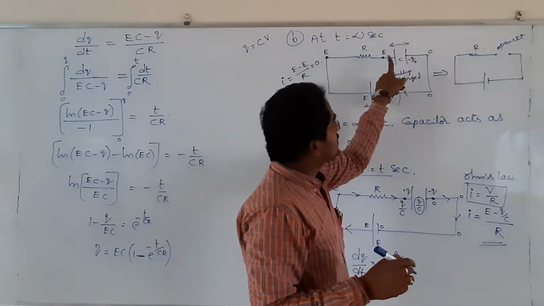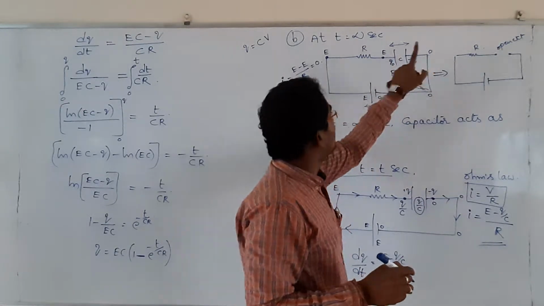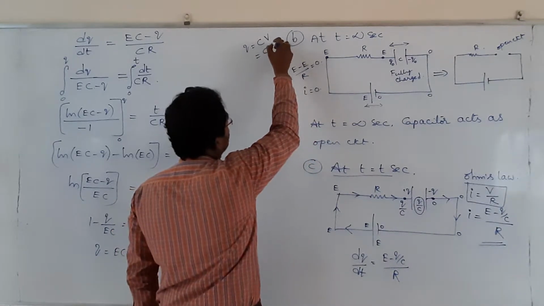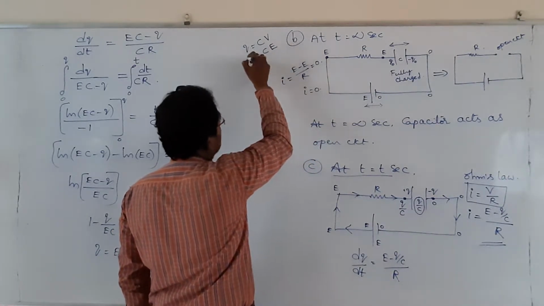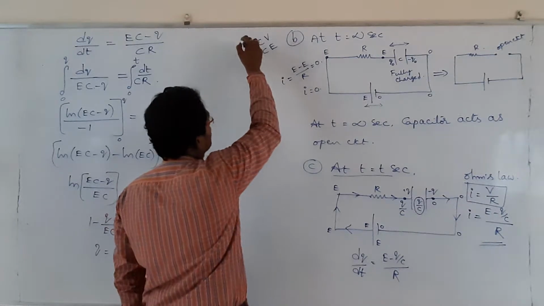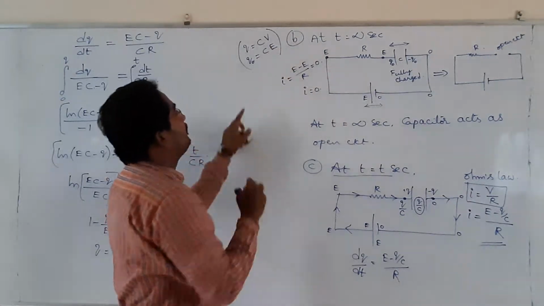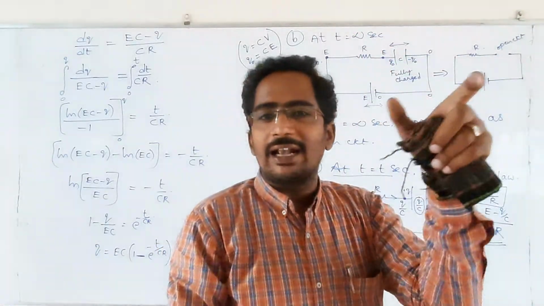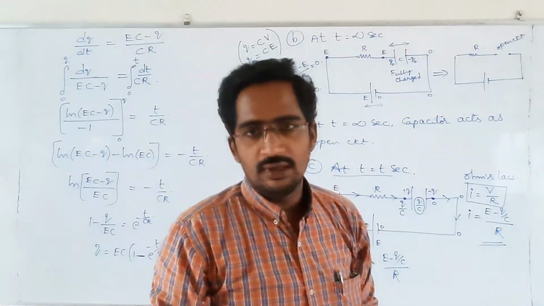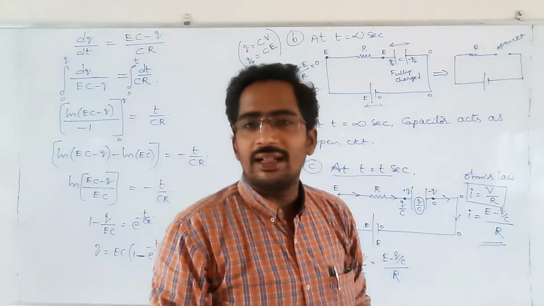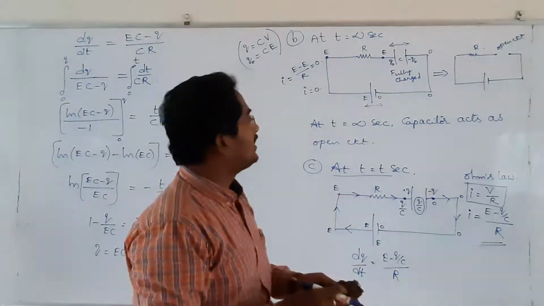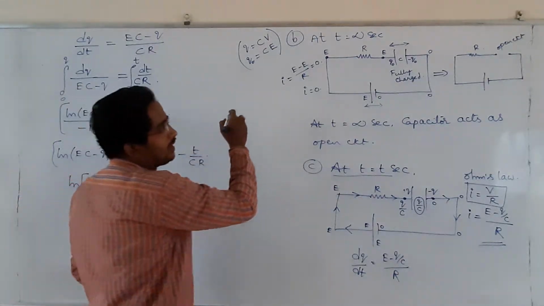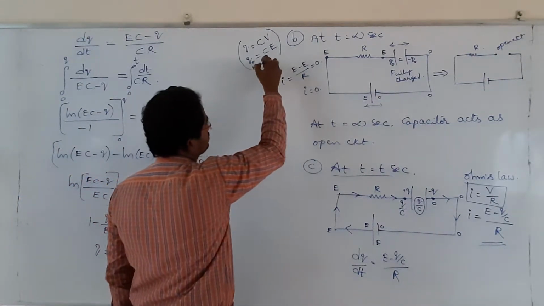Potential difference E minus 0, that is E. So capacity into potential difference. This is called the maximum charge, finally to be stored in the capacitor. So EC is nothing but Q naught, that is called the maximum charge.